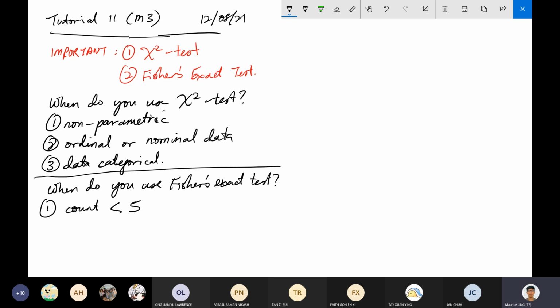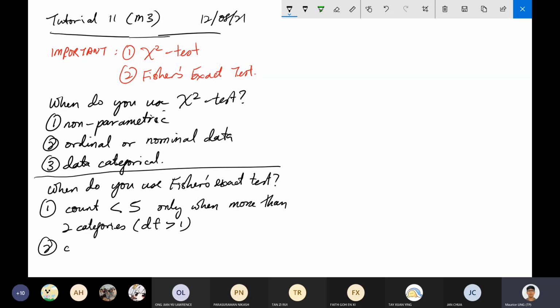So in your practical, if it's less than 5, only when you have more than 2 categories. More than 2 categories means that your degrees of freedom is more than 1.